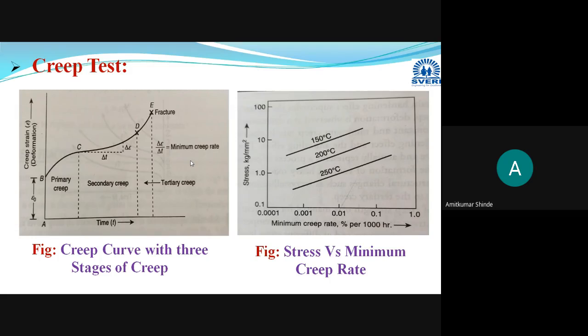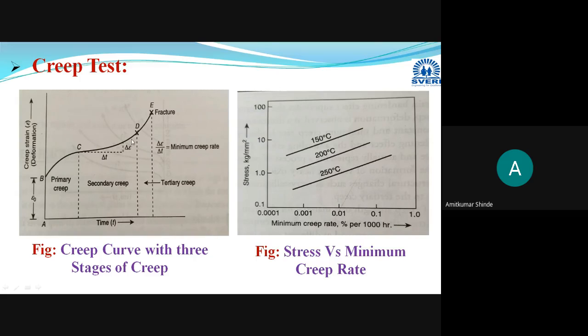So in this way, the creep curve obtained during the creep test is divided into these regions: initial instantaneous elastic deformation, then primary creep, also known as transient creep, secondary creep or steady state creep, and tertiary creep, or accelerated creep. Then why is only the secondary creep selected to calculate the minimum creep rate?